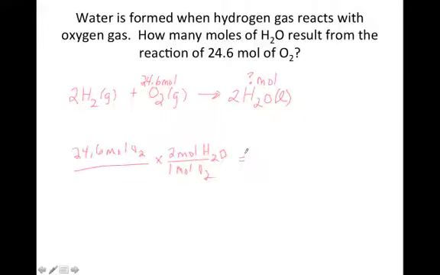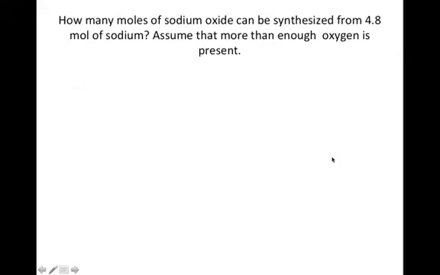Now we take our calculator and say 24.6 times 2 gives us 49.2 moles of H2O. So that's how we do that problem.